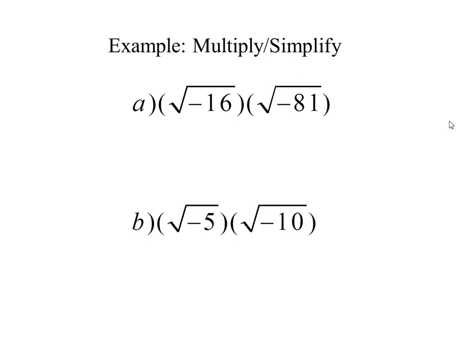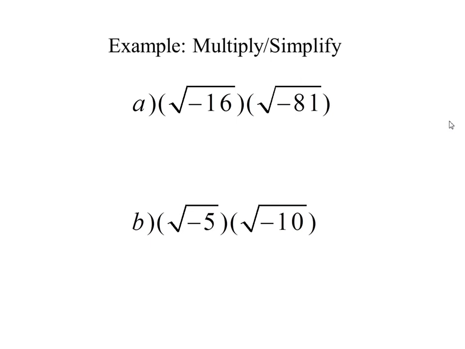Well, let's simplify this. What do you think? i squared is going to be a -1. We already know that. What is the 50 going to break into? So you're going to get -5 square root of 2. Now, again, if you wanted to do the one on the top the same way, you can. That would be i square root of 16 times i square root of 81, but it's still going to be the same thing.